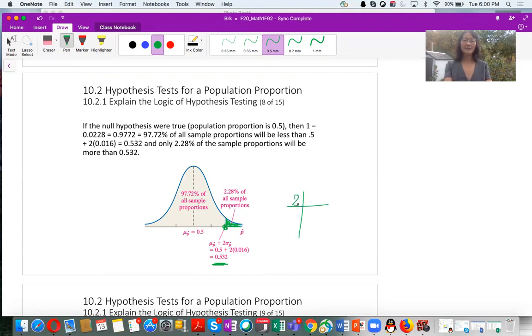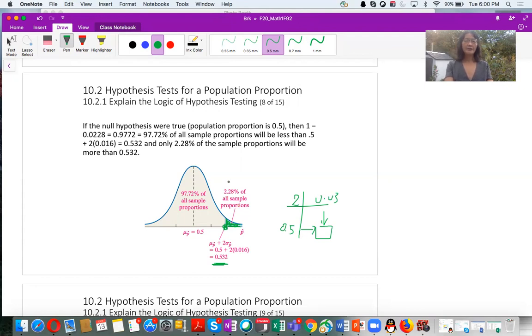Z value, and then this part, you locate 0.5. And then 0.03 is here. And the intersection part is the area, 2.28%.